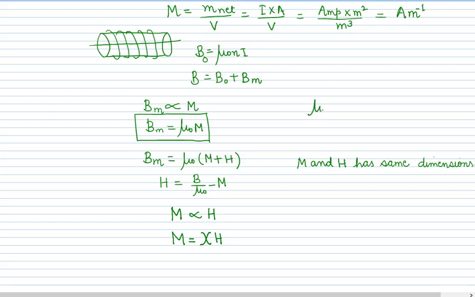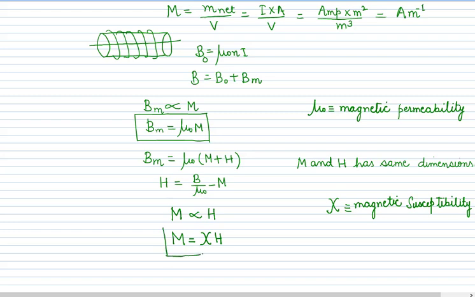Mu naught is the magnetic permeability and chi is the magnetic susceptibility. So this is the relation between magnetization and magnetic intensity. So these are the two important relations we have to always remember whenever we are studying magnetization. So these two relations you should always remember.